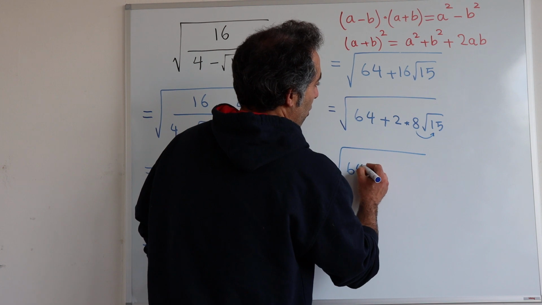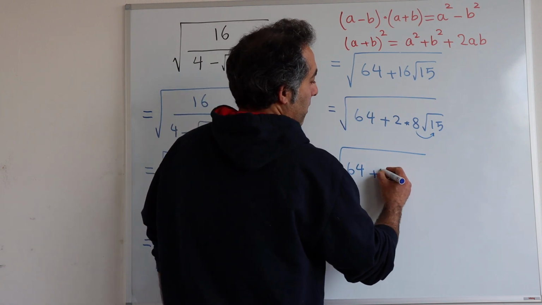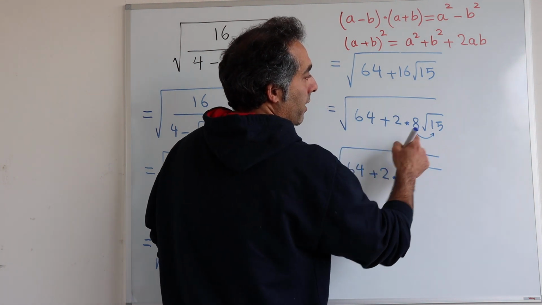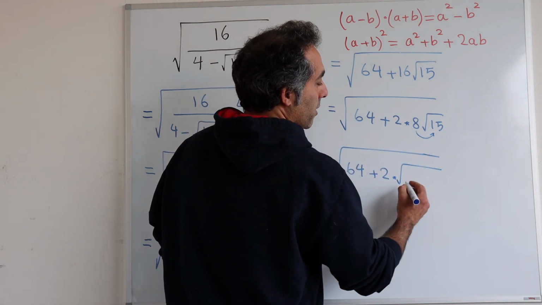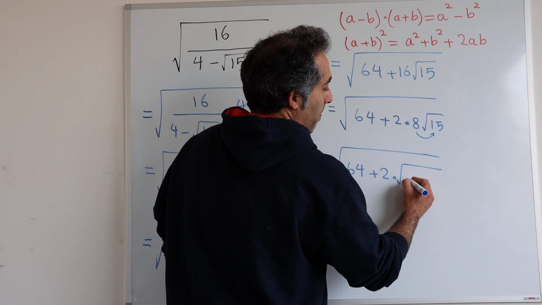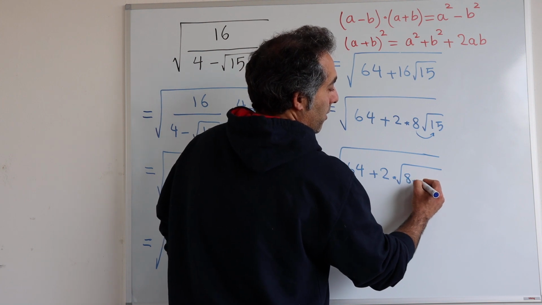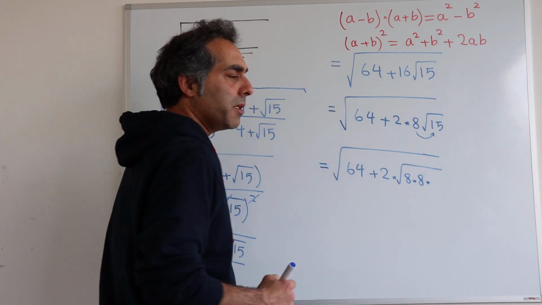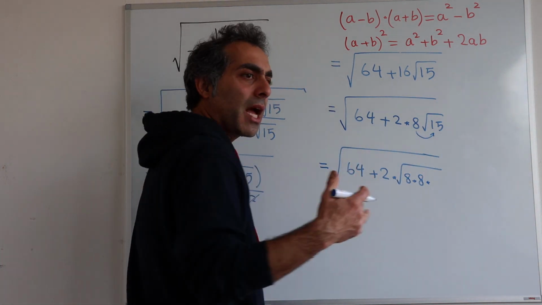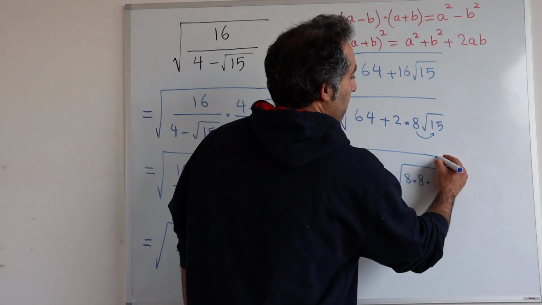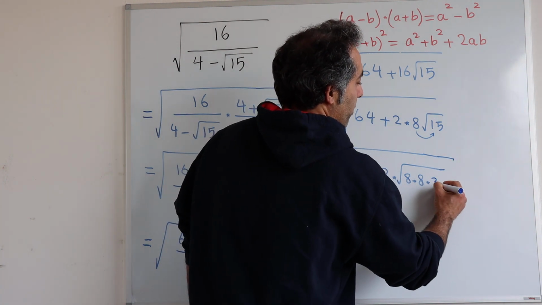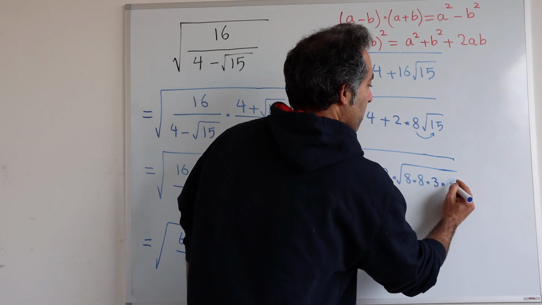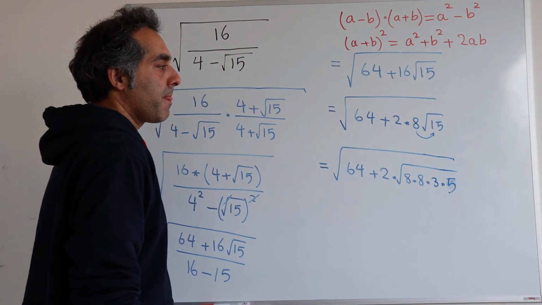So 64 plus 2 times, I will take this 8 under a square, which is 8 squared, but I can write it 8 times 8, same. And 15, I can break down, maybe I can find another pair: 3 times 5.